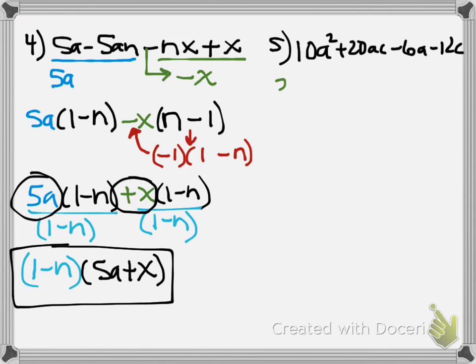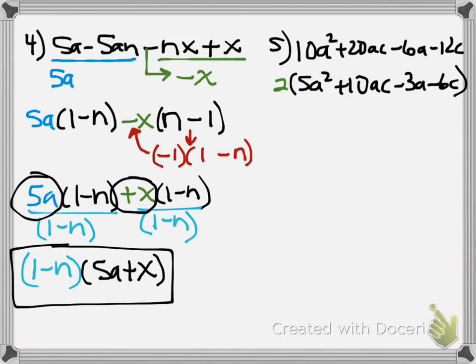So this is what I'm talking about. You always have to be looking for everything. That's the deal with fluency, is they expect you to be able to look for everything. So we pull out a 2, and we get 5a squared plus 10ac minus 3a minus 6c. Okay. Now we attack grouping.